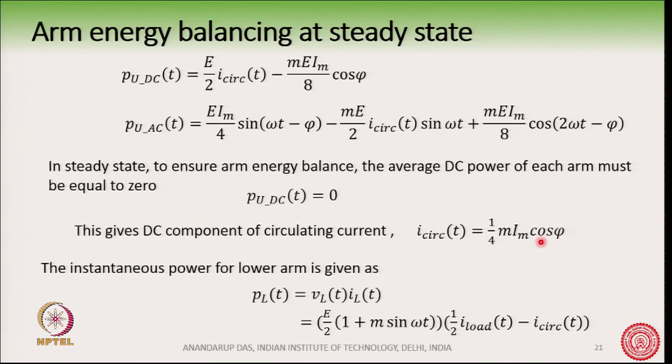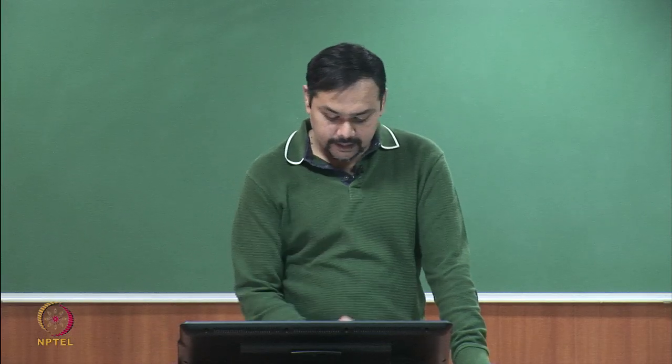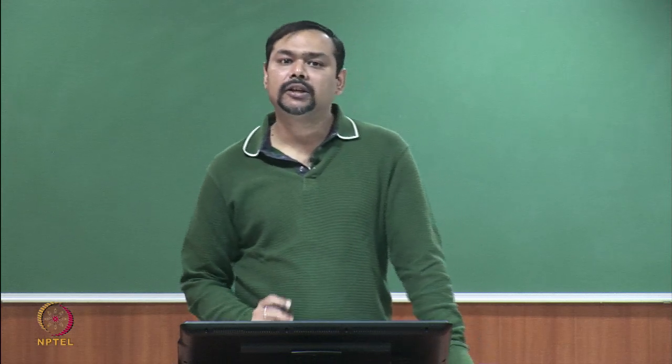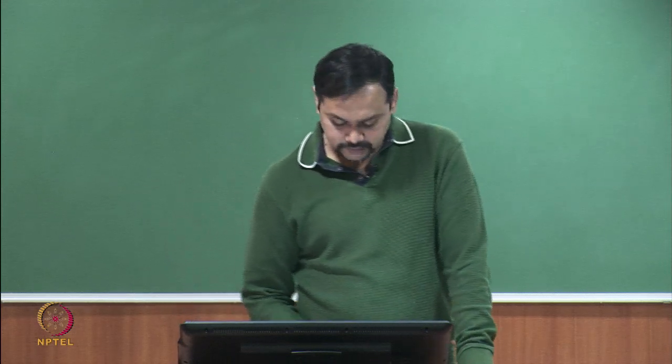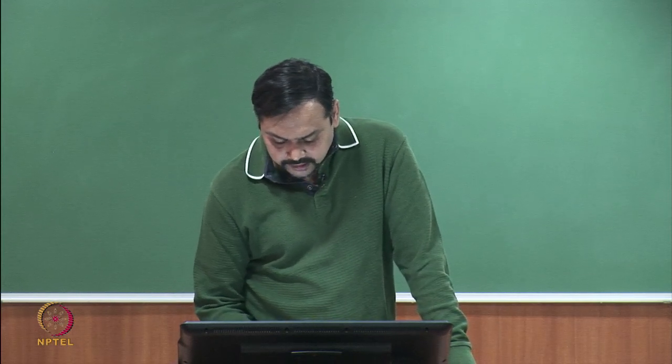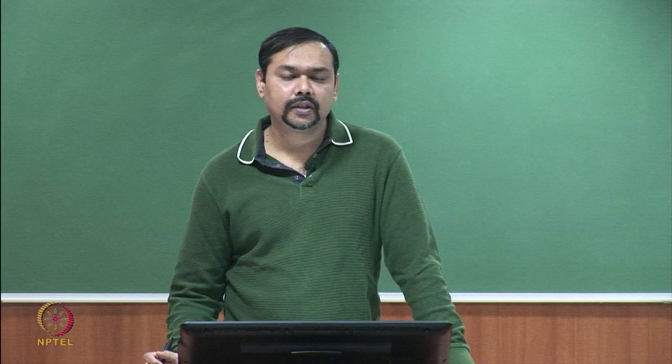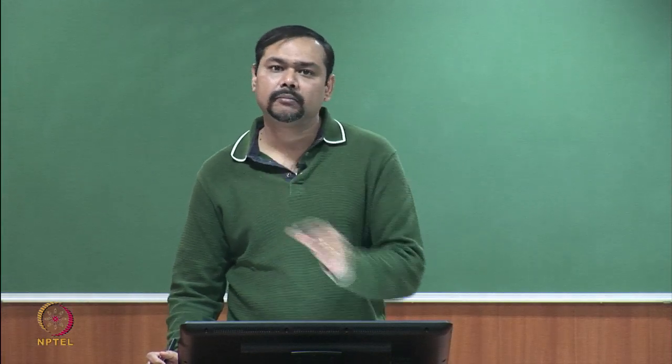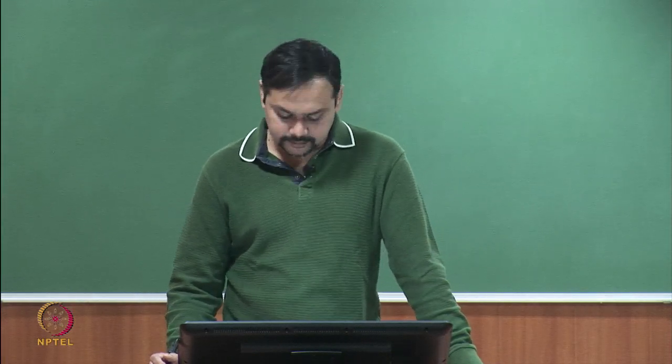Now, in the upper arm the energy is now balanced. What about the lower arm? This same exercise can be done for the lower arm also. So, you see this is the P L T, and you multiply V L T with I L T, the lower arm voltage multiplied by the lower arm current.